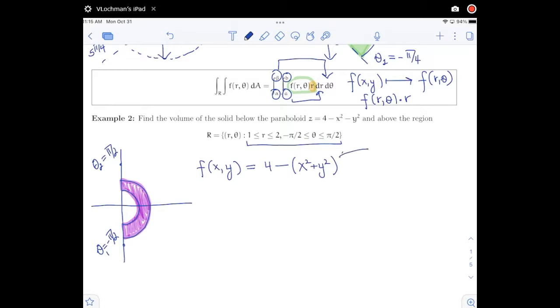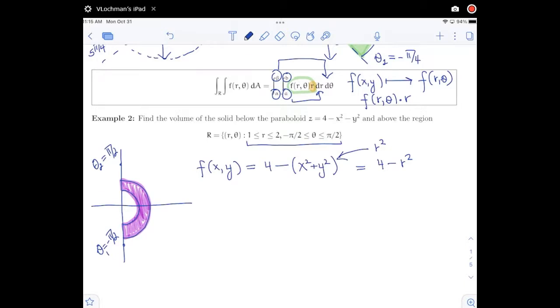You might recall that this is just r squared. Those equations that relate polar coordinates to rectangular, we just need to keep them in mind. So our function is just 4 minus r squared.